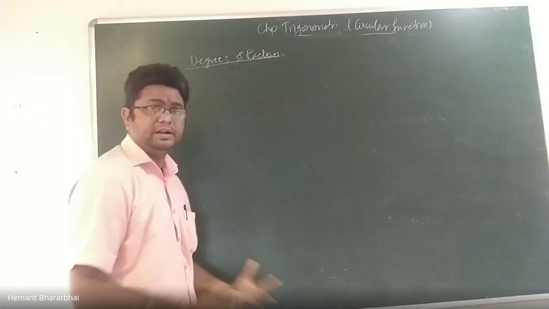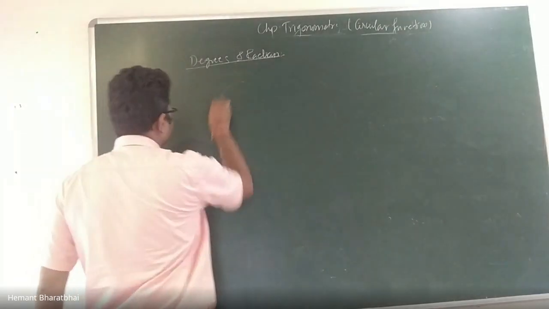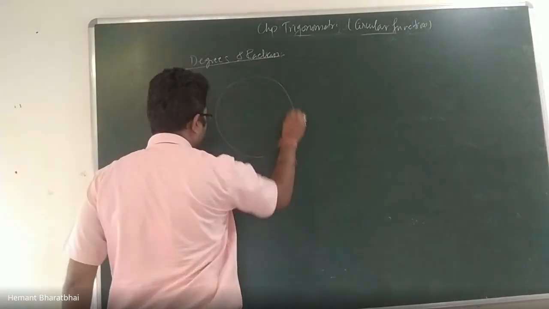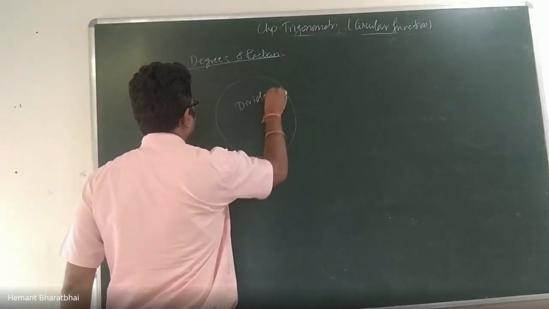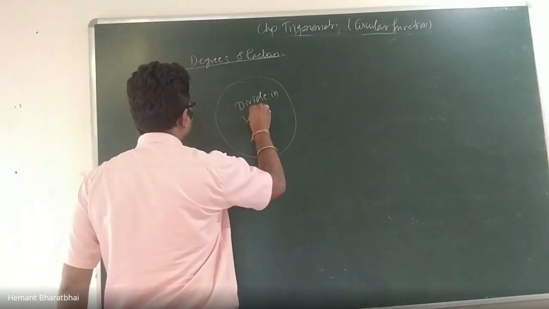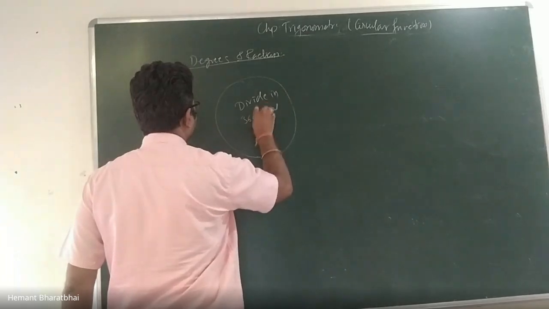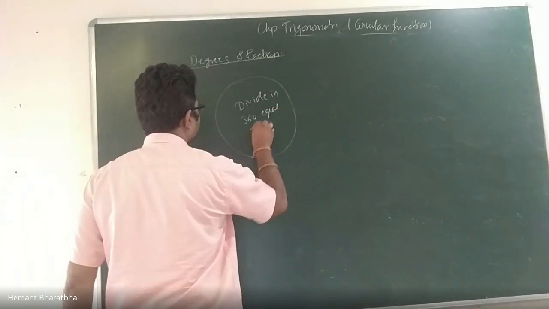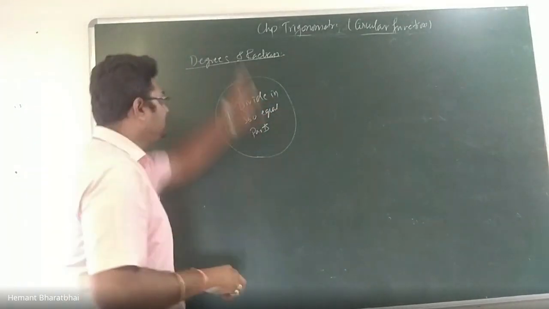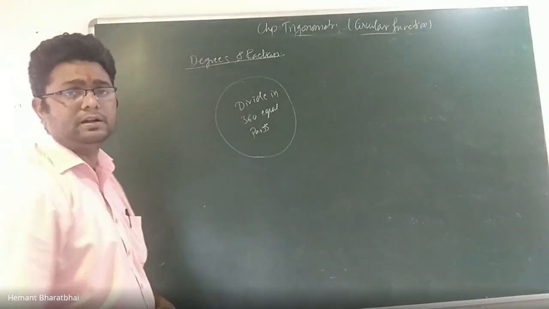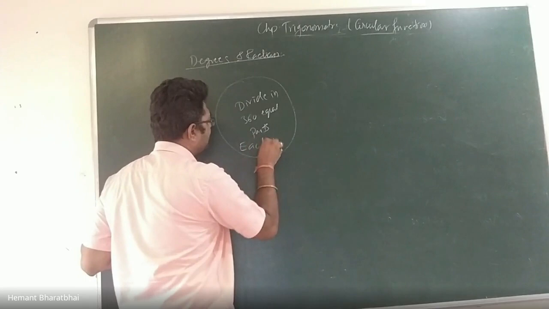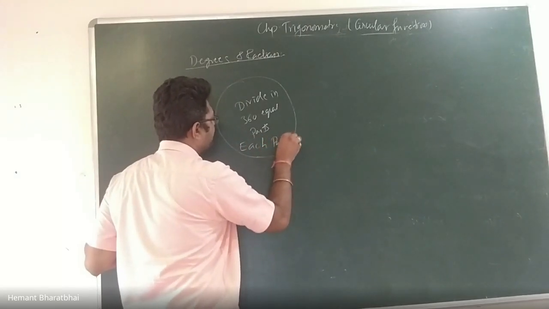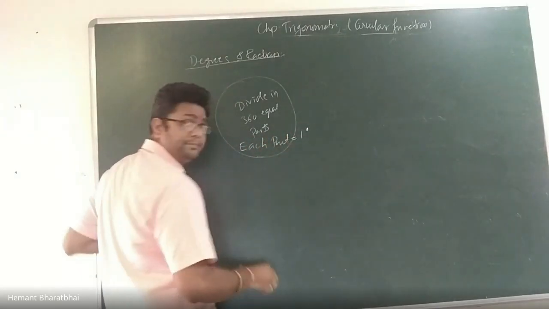So how do we define a degree? I take a circle and divide it into 360 equal parts. Each part is called 1 degree.